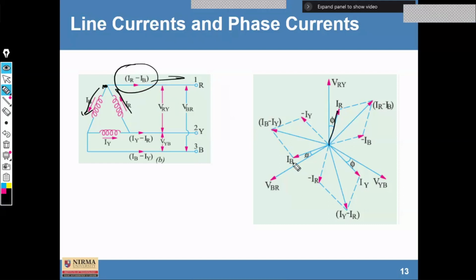This is IR, this is IB and this is IY. We can extend IB in the opposite direction with equal magnitude. Then the resultant of these two, according to the law of parallelogram, we can find. This is the difference IR minus IB, and this is your line current IL. Getting me? Getting me, all of you?